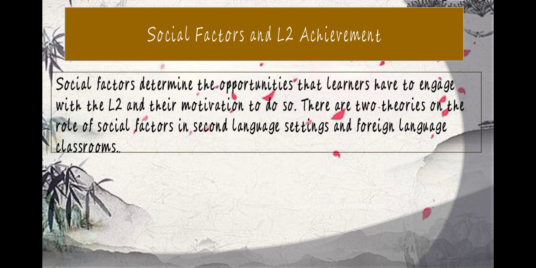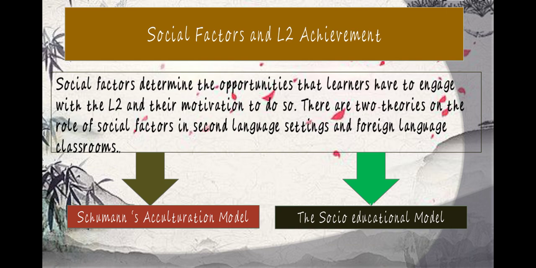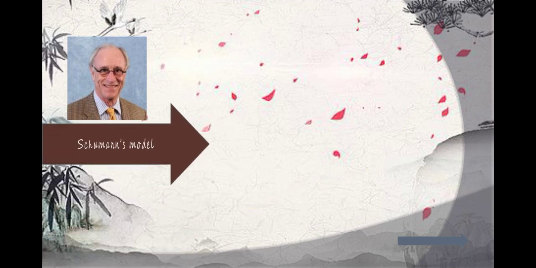And then there are two theories on the role of social factors. The first theory is Schumann's acculturation model, and then the socio-educational model. So the first theory is Schumann's model.